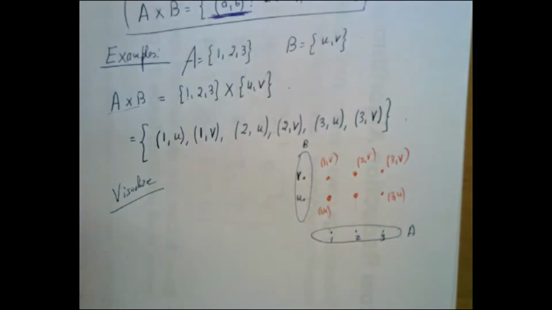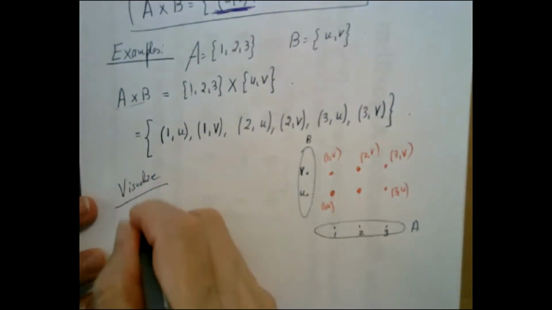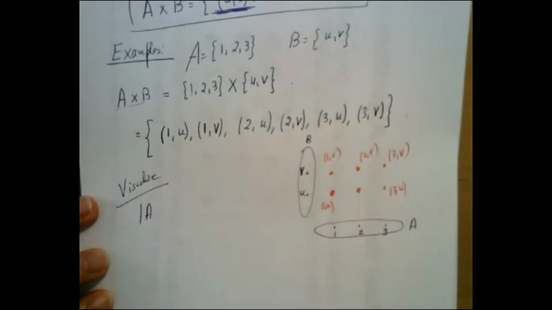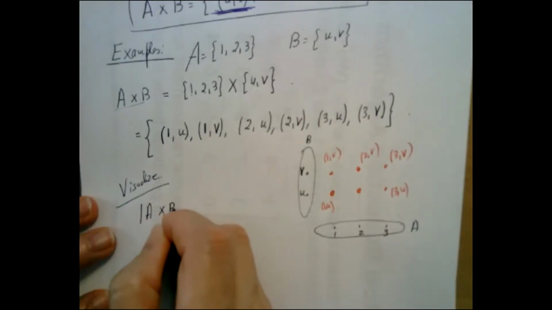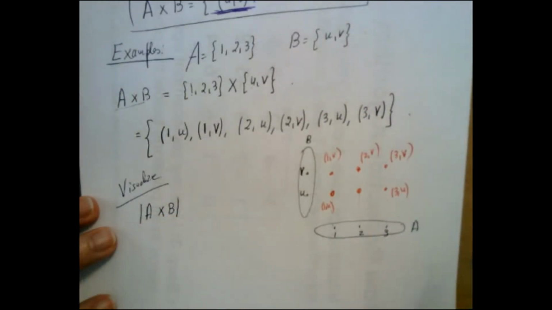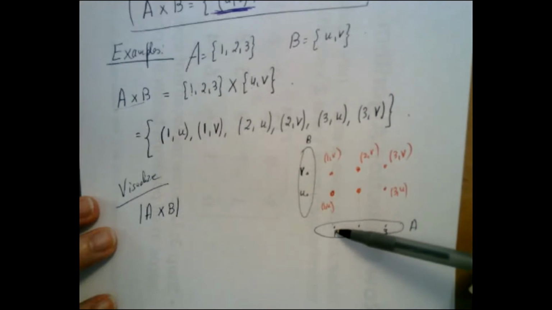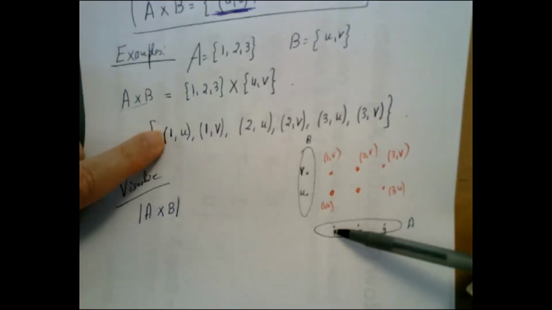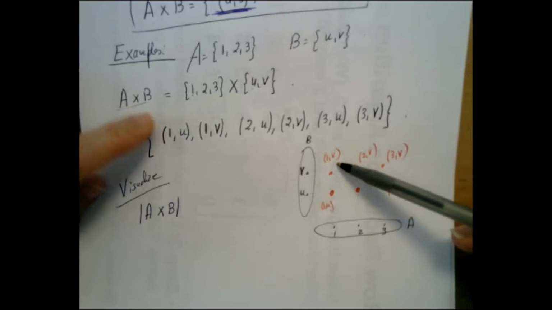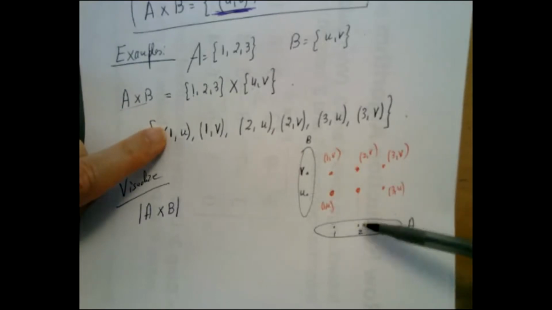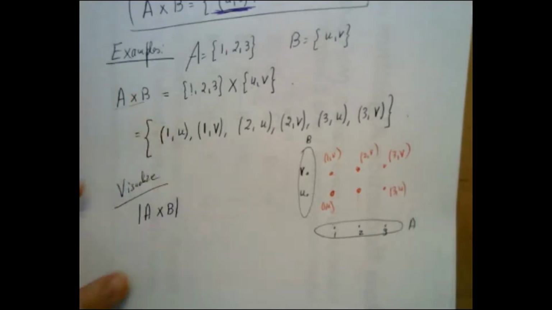And this also helps us to find the cardinality of the Cartesian product. Now, of course, I can really count them, but what's the cardinality in general? To every element of A, I associate two elements of B in this particular scenario. Would it just be the cardinality of A times the cardinality of B?